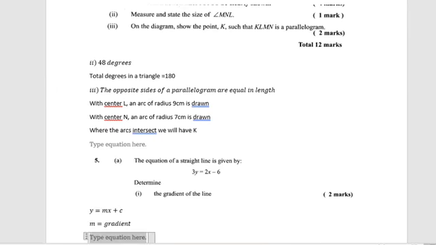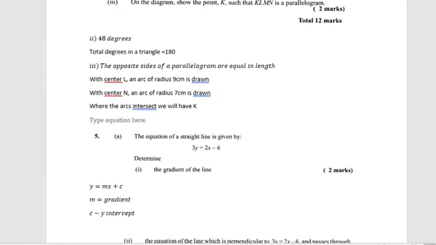So if I'm making y the subject of the formula to represent the formula that is given above, where y is equal to mx plus c, what will be my corresponding value for the gradient, which is m? 2.